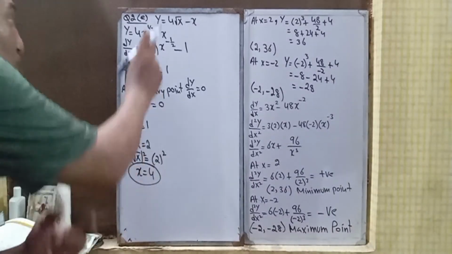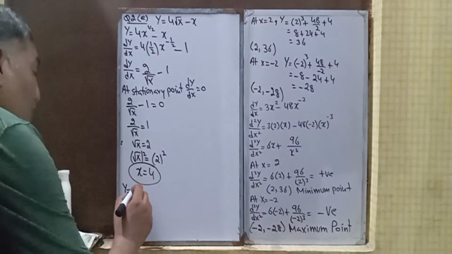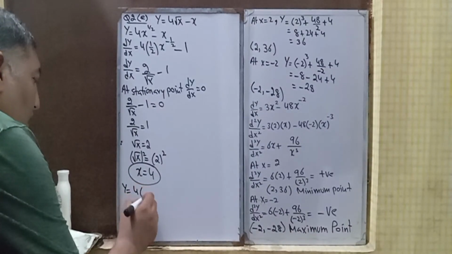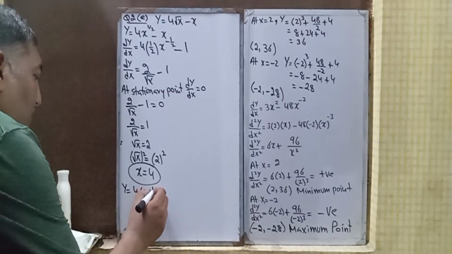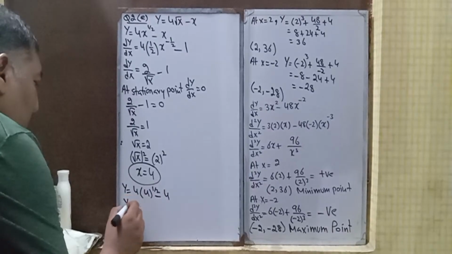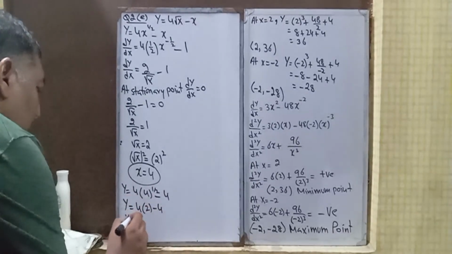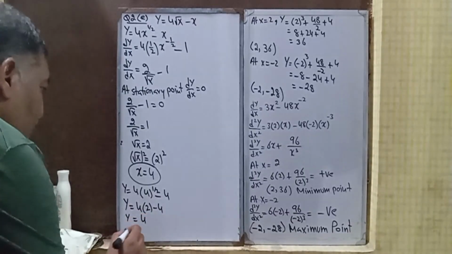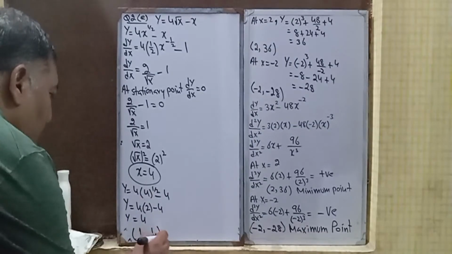Put this value of x in this equation. y is equal to 4 into 4 raised to power 1 by 2 minus 4. So this will be 4 into 2 minus 4, so that is also 4. So the coordinates of the stationary point are 4, 4.